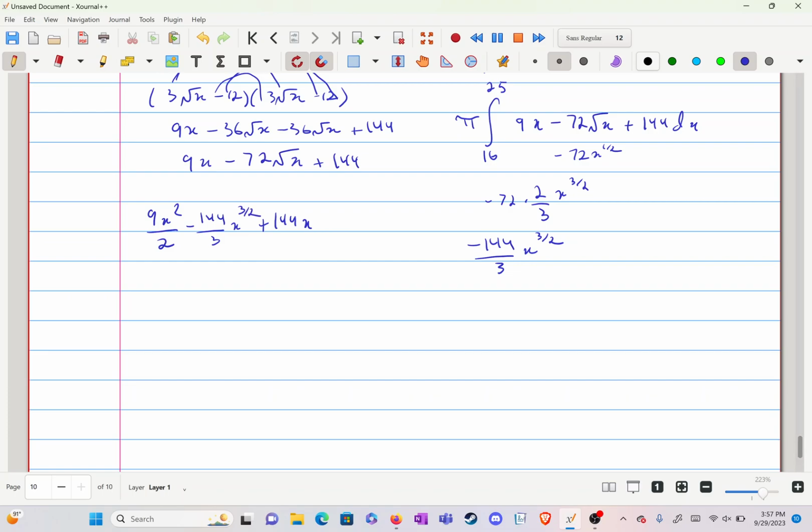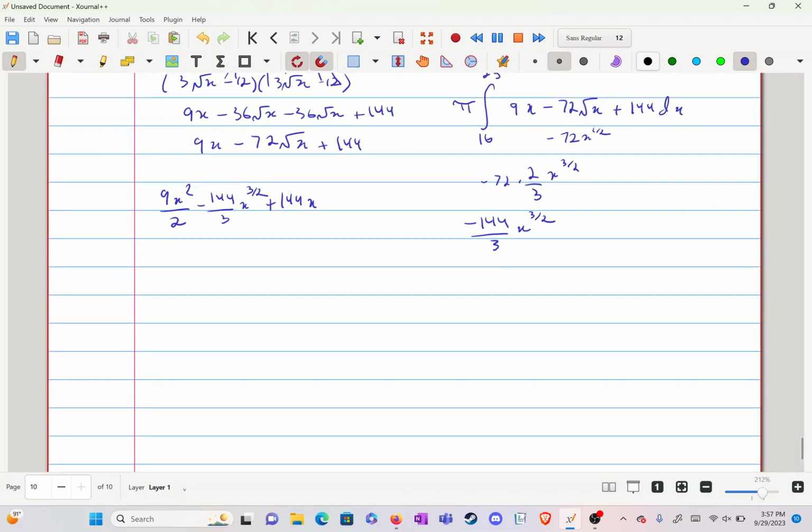And now we're going to plug in our bounds. This time, I don't have a real calculator on me, so I'm not going to calculate it, but I'll plug it in for y'all. So we're going to have pi out in front, bracket, 9 times 25 squared over 2 minus 144 times 25 to the 3/2 power over 3 plus 144 times 25.